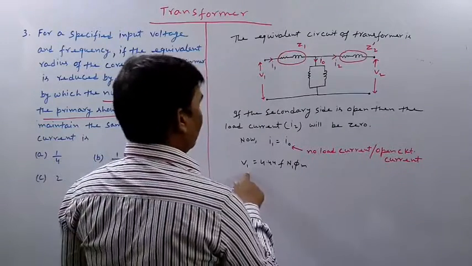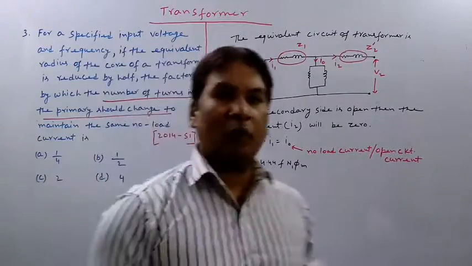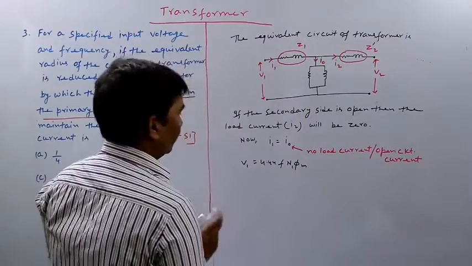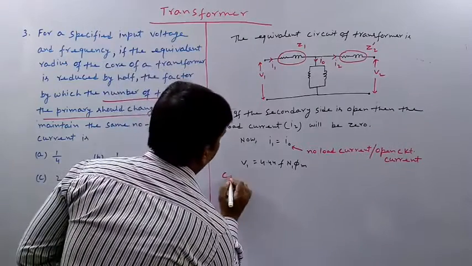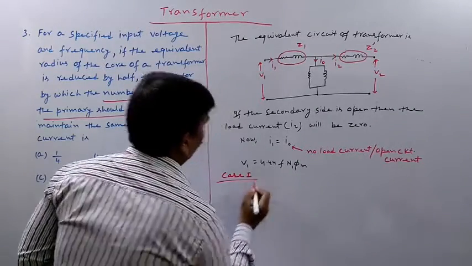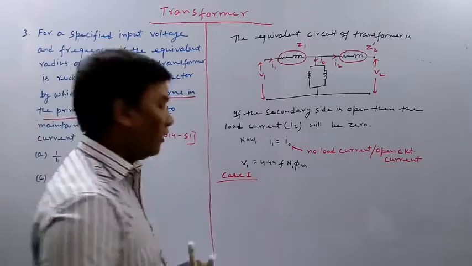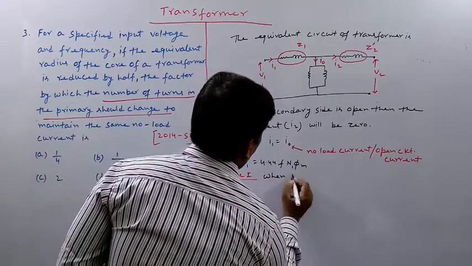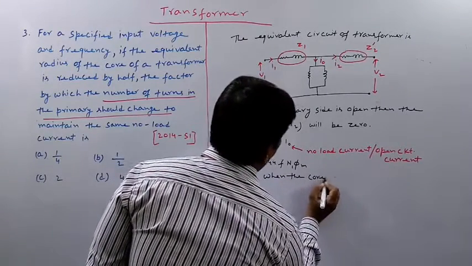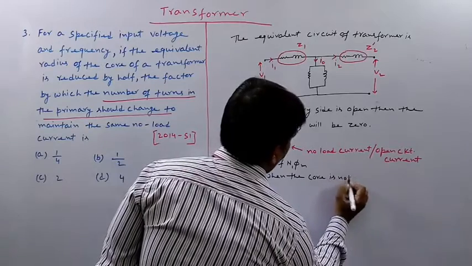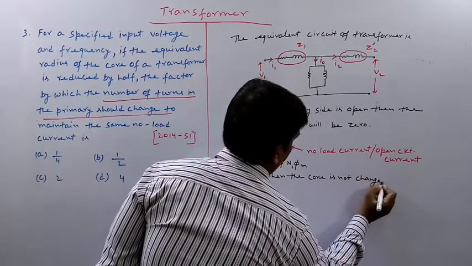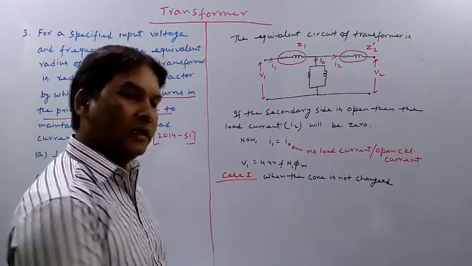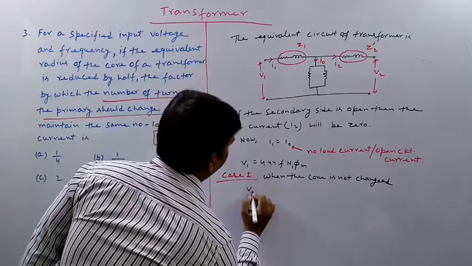In the first case, case 1, when the core is not changed, means the radius of core is as it is, original. So let us take the voltage is V11.